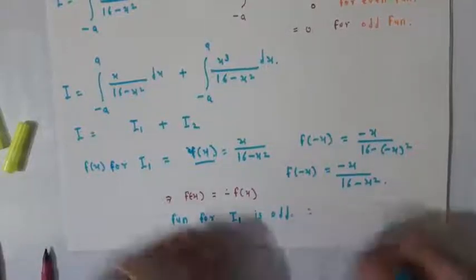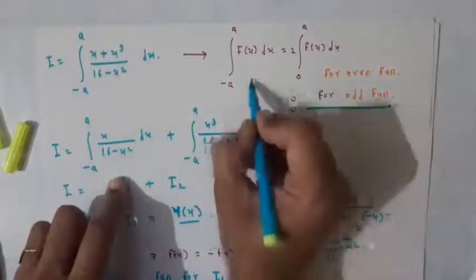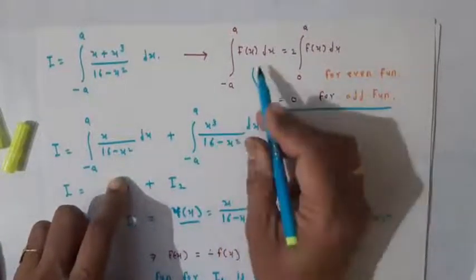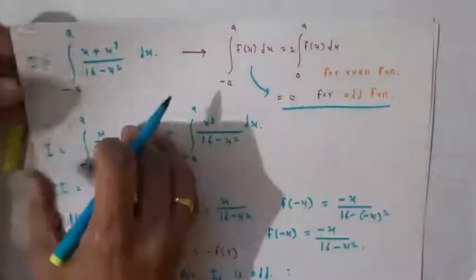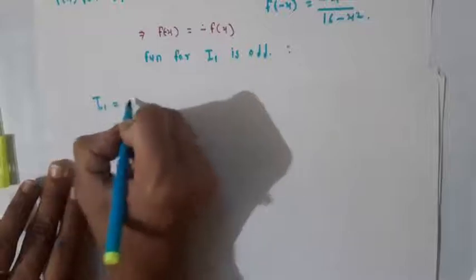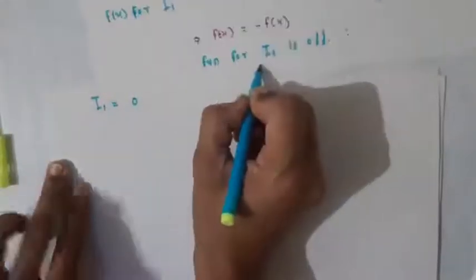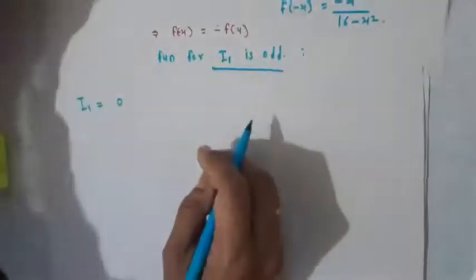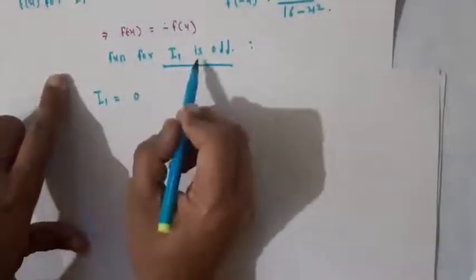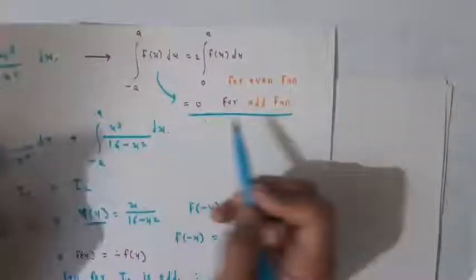Odd, and therefore according to this property, for an odd function the value of the integration is 0. When the function is odd it is not necessary to solve. The function for I1 is odd, therefore I1 equals 0 according to this property.